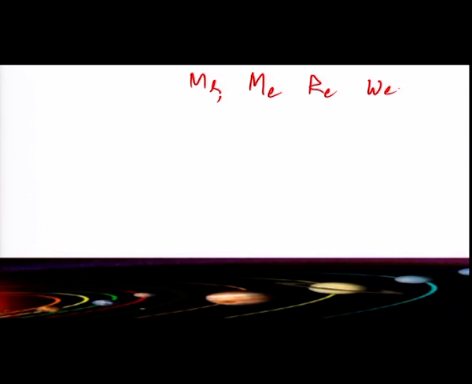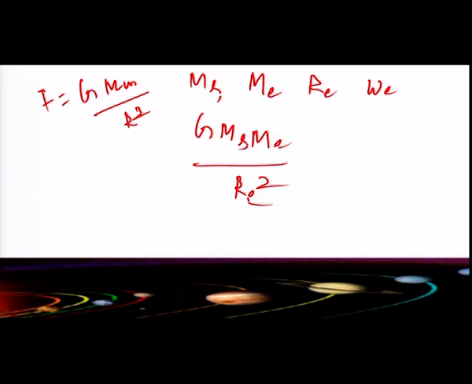According to Newton's law of gravitation, F is equal to G m M by r squared, where G is the gravitation constant, M and small m are the masses and r is the distance. Based on this, I can write G into Ms into Me divided by Re squared is equal to the centripetal force, Me Re omega e squared.